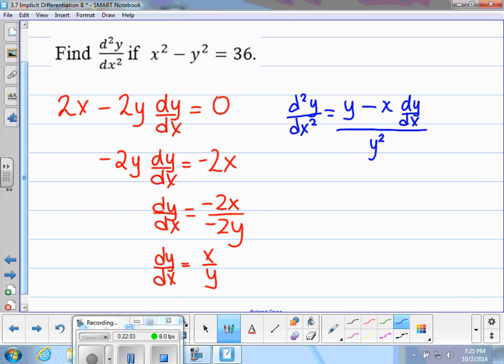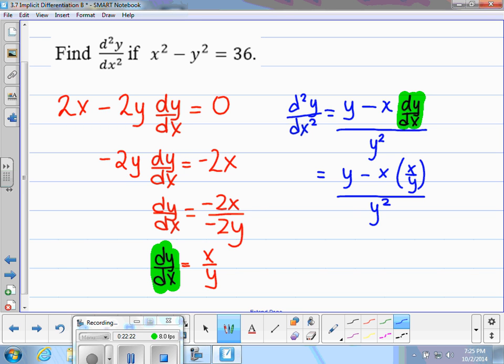Okay, so there's my dy dx again. So I must plug in what dy dx equals. So y minus x times x divided by y, over y squared.